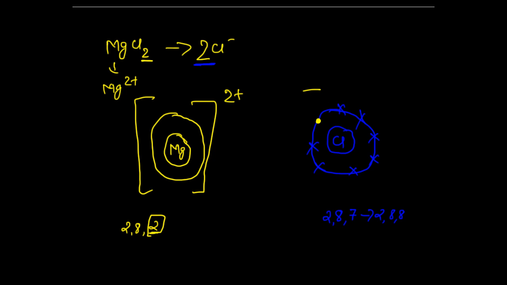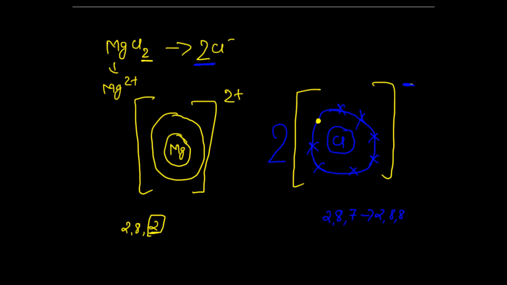Dot and cross diagram, and it has charge -1, so we'll just write minus. And since 2 chlorine are formed, we'll write 2 outside of chlorine.